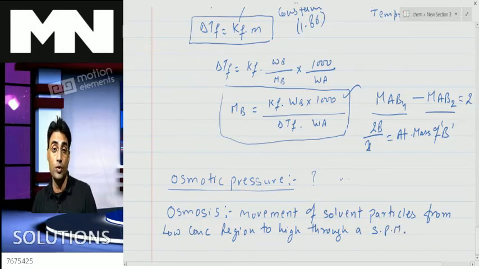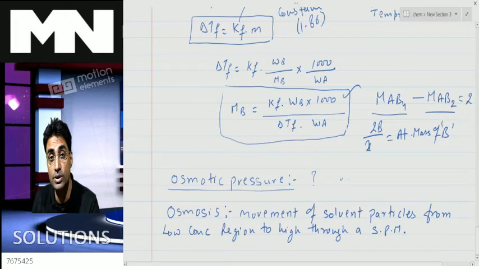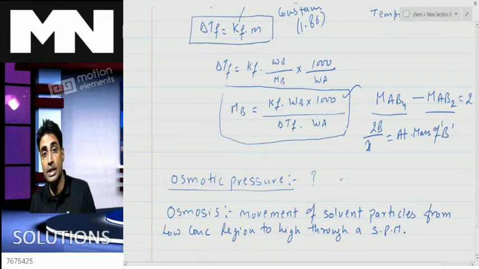Here I would like to tell you that when I am saying the movement of particles from low concentration region to higher, that means low concentration of the solution. Inside the semi-permeable membrane there is high concentration, and outside there is low concentration. That means I have got pure solvent.